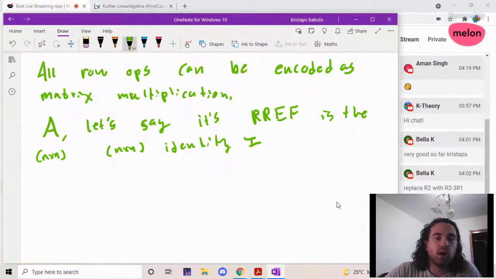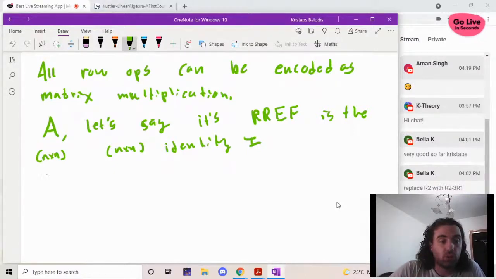Right. So all row operations can be encoded as matrix multiplication. And so suppose I've got some matrix A, and let's say that its reduced row echelon form is the identity matrix, right? So what that means is I can find a series of row operations.